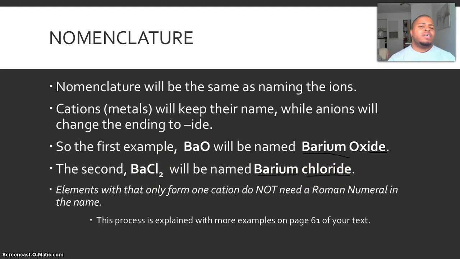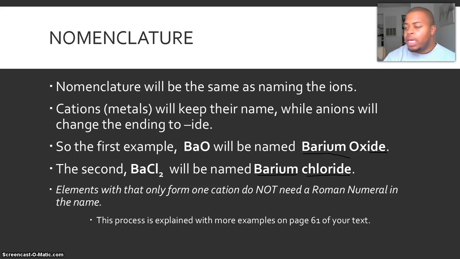Now, there was a good question that was asked on Friday, and it said, okay, so how do I know how many chlorine are supposed to be there? Or in the name, how can I distinguish between it? When we're dealing with ionic compounds, the thing to remember is there's only one way that we can actually put these two elements together, and they'll have this formula and this net charge of 0.